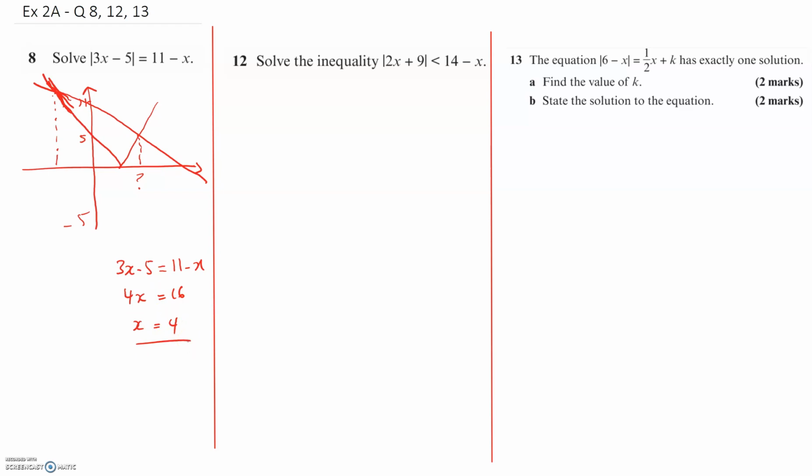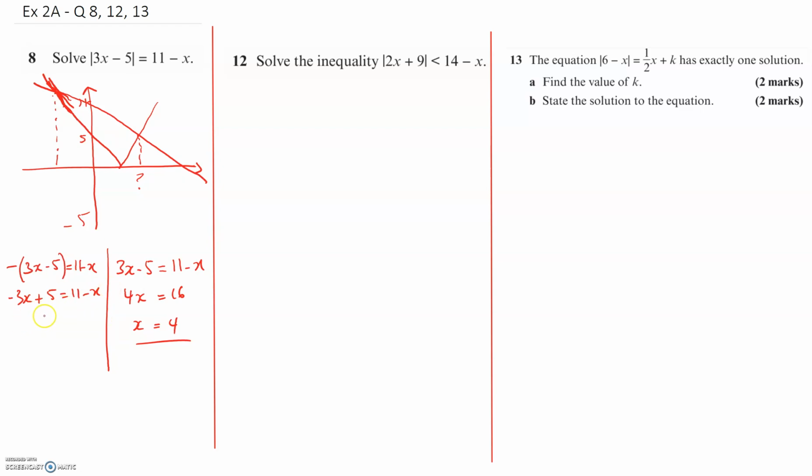The one on the left is going to come from the negative version of the modulus function. So all I need to do is put a minus sign in front of the 3x minus 5 and put that equal to 11 minus x. So just a little bit of rearranging will give me the solution on the left.